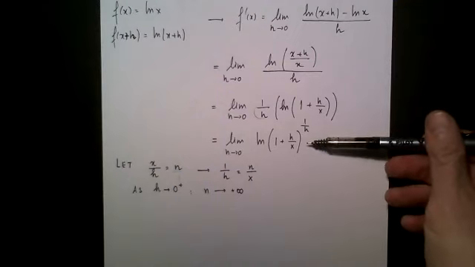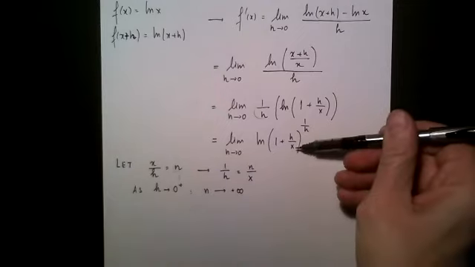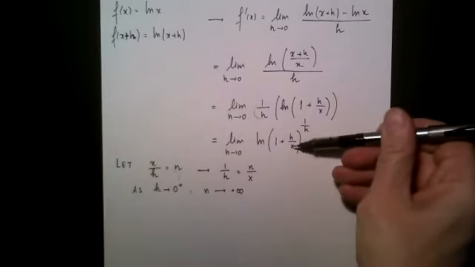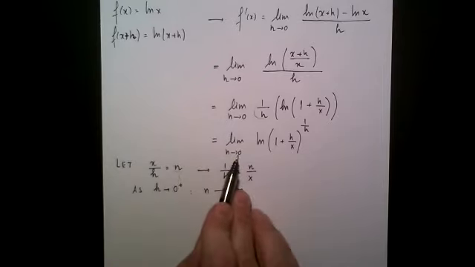I'm assuming that this is fine. Now, after that, I did a substitution. I said, let's call x over h, here I have x over h, I'm going to call this n. I decide to call it n, and I want to see how n behaves when h is approaching 0.